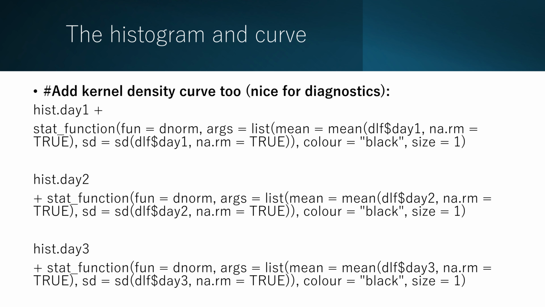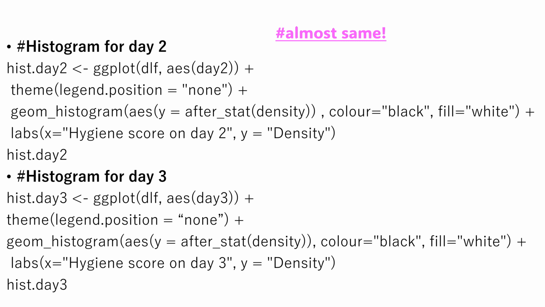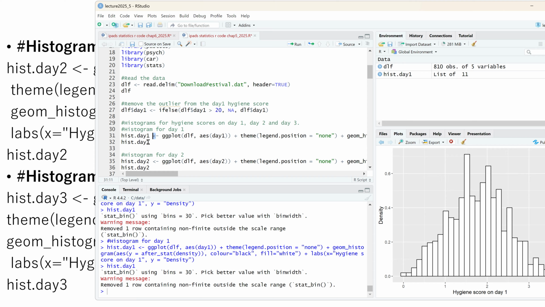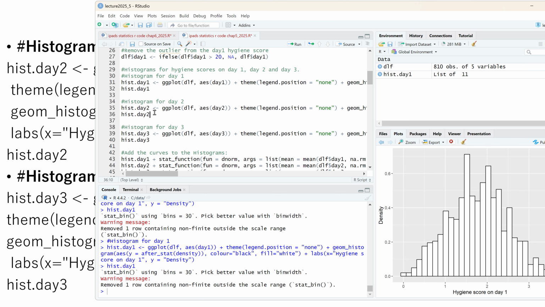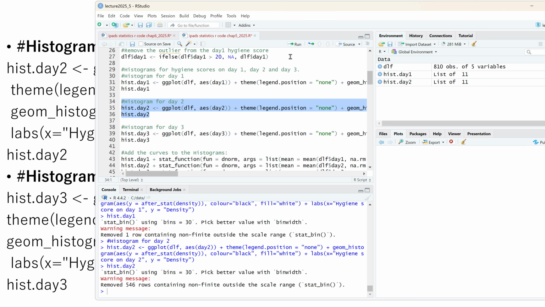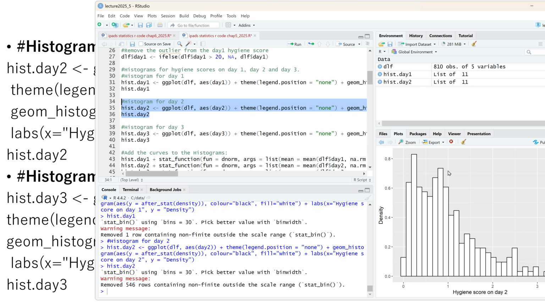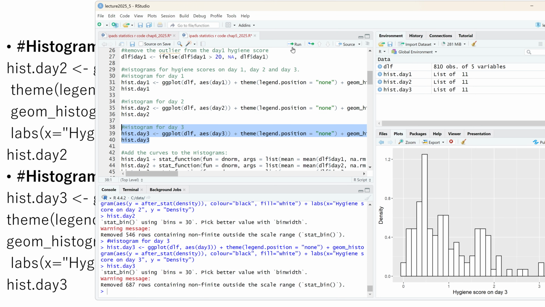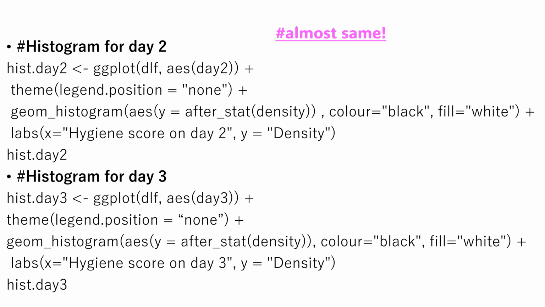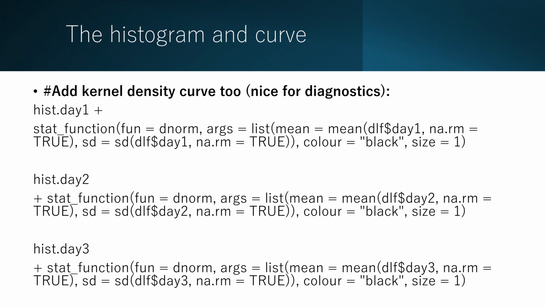Okay, let me check the histogram day 3. Day 2 is here. Day 2 is like this. Day 3 is here. Day 3 is like this. So it looks like not a normal distribution. And next slide, add a kernel density curve too.